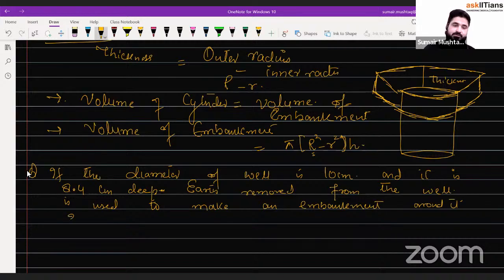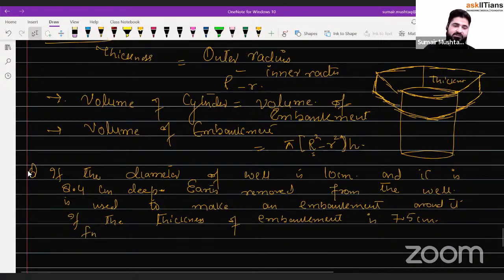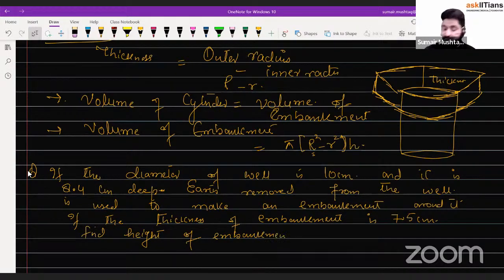If the thickness of the embankment is 7.5 centimeter, find the height of the embankment. How many of you got this question? Fast.